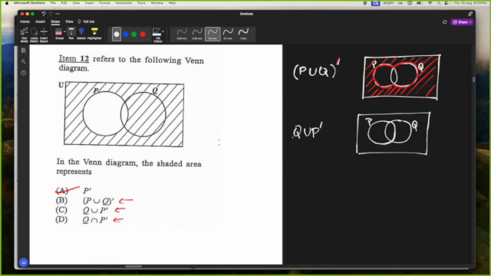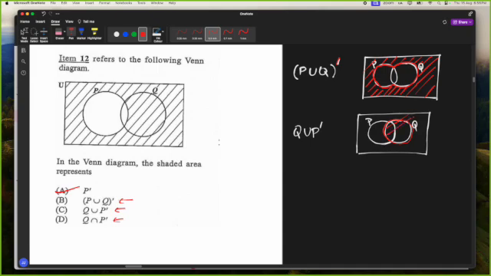And so check this out. Q union. So Q is this one. And I want that union with everything outside of P, right? So everything outside of P in union with everything inside of Q would be this.